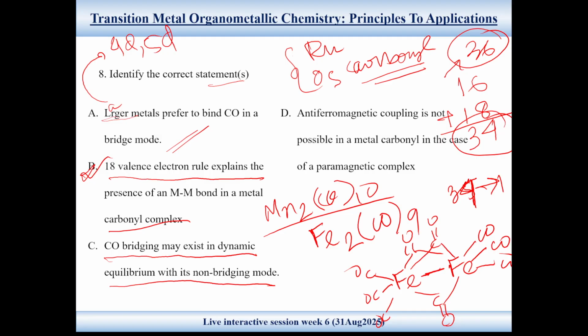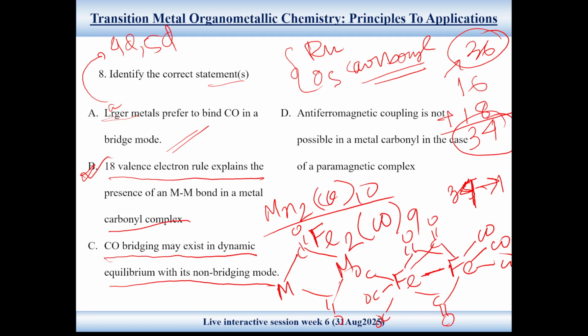So when the compound is in the solid state, the distance between atoms or their entropy is less. So in that case, CO can bridge between the two metal centers. But when it goes to solution, because of the increasing entropy, the bridge breaks and it becomes terminal.